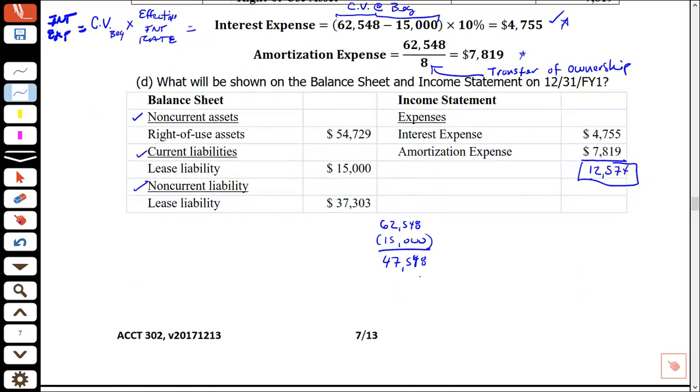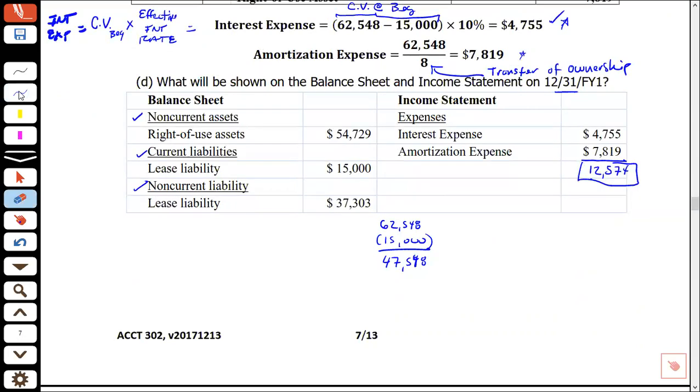Now this is the balance sheet for 12/31. The payments are on 1/1, so 15,000 of that becomes the amount due within 12 months. Oh my gosh, you probably can't even read that.